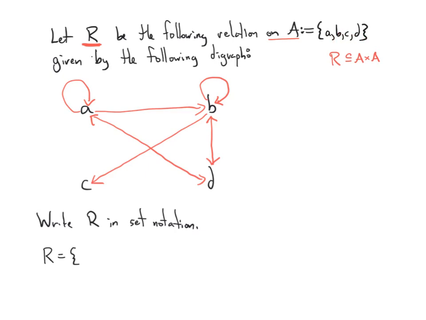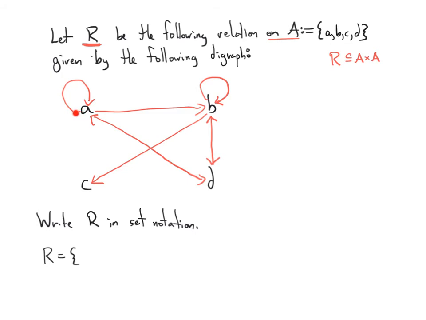So here is the relation given as a digraph. So let's make sure we understand what this is saying. Anytime there's an arrow going from one element to another, it means that the element at the start of the arrow is related to the element at the end of the arrow.